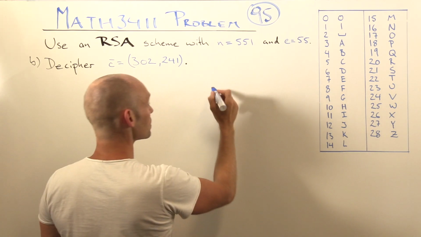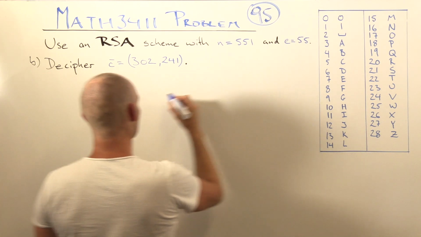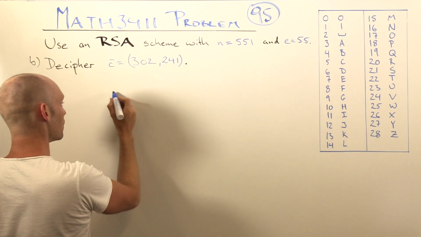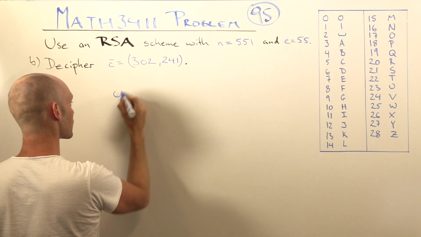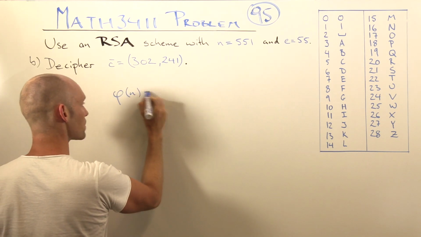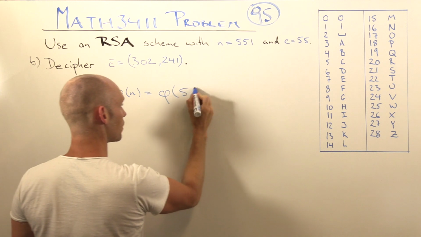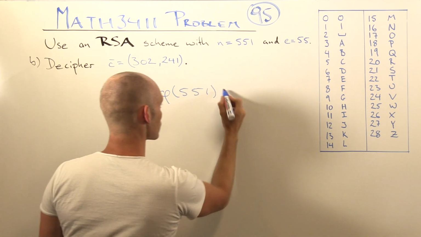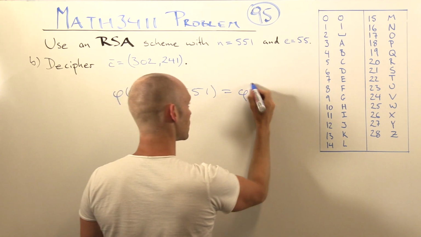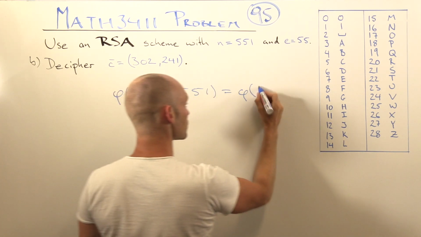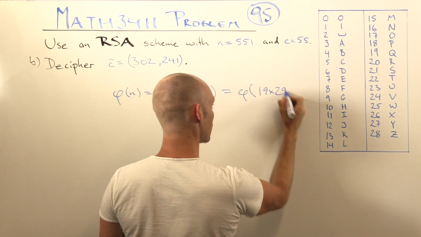First of all, we have to calculate phi of n. So that's phi of 551, which is phi of 19 times 29.